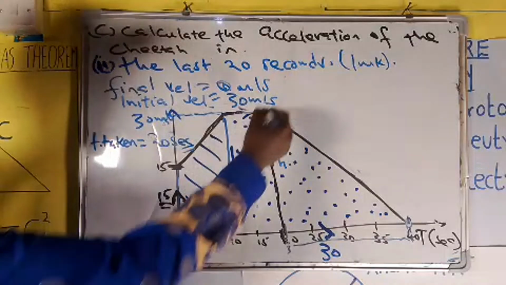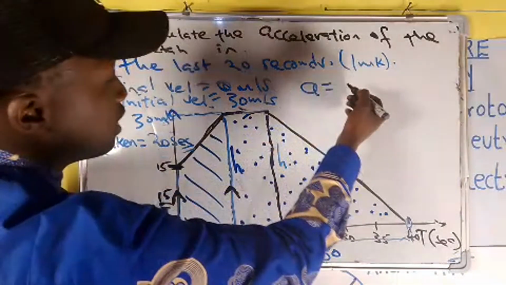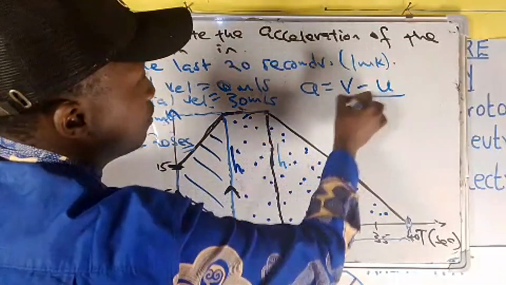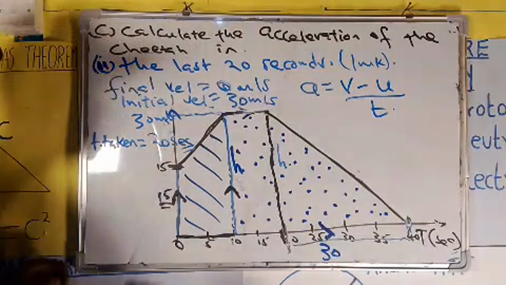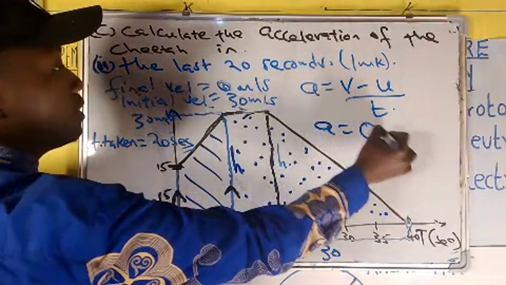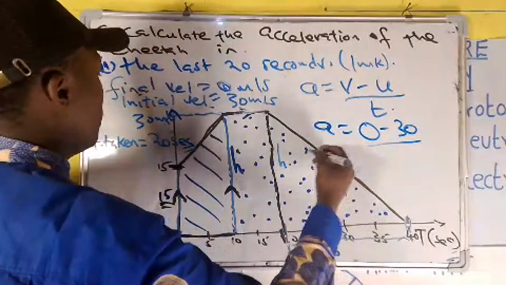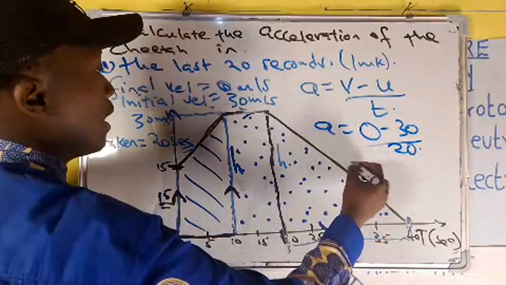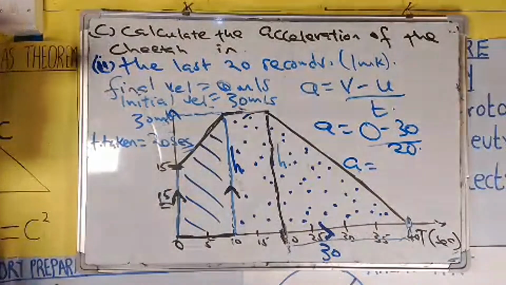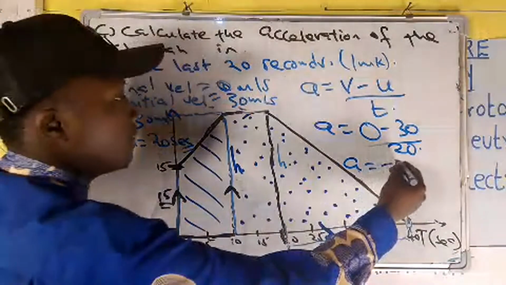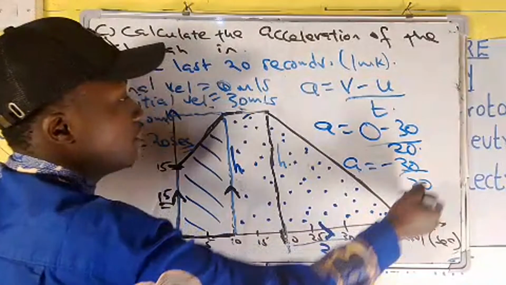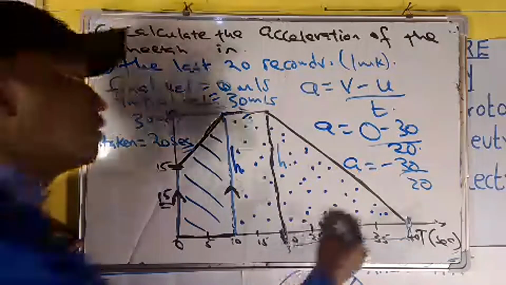How do we find acceleration? Acceleration is change in velocity, v minus u over t. So our acceleration will be 0 minus 30 over 20. And what is 0 minus 30? It is negative 30 over 20.